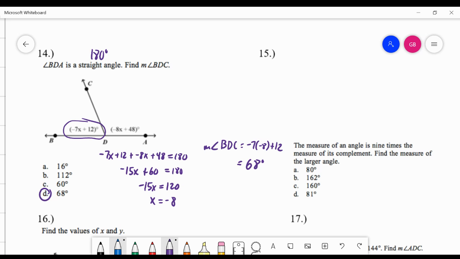Okay, for 15, the measure of an angle is 9 times the measure of its complement. So complement means they add up to 90 degrees. The measure of an angle, so let's say we call it x, is 9 times the measure of its complement. So the other angle is 9x.